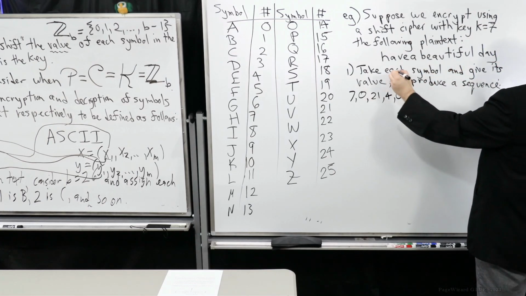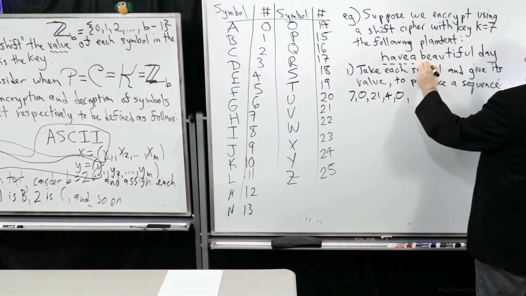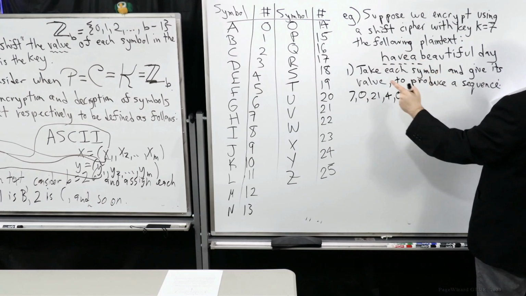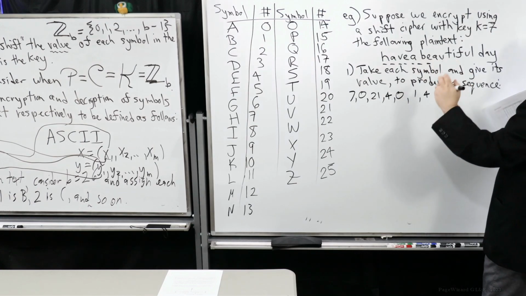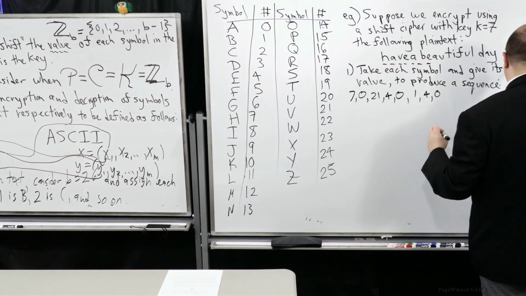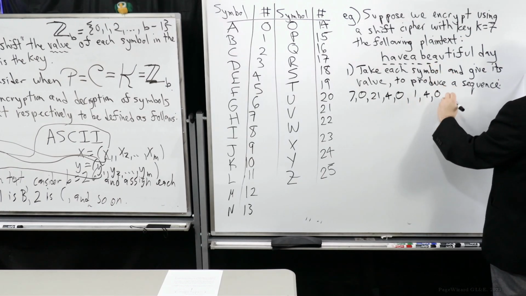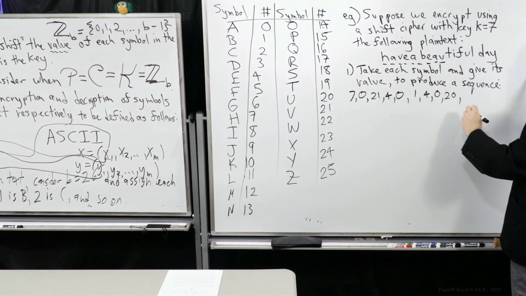Actually, let me underline these as we're going so we don't lose track of things. So we got B next, that's 1, right? E, 4. A is 0. U is 20. T, got 19.